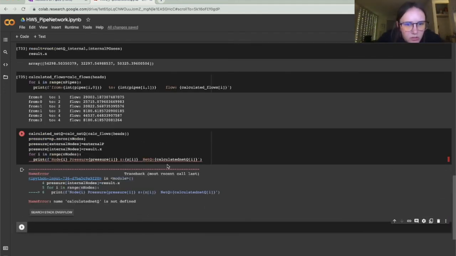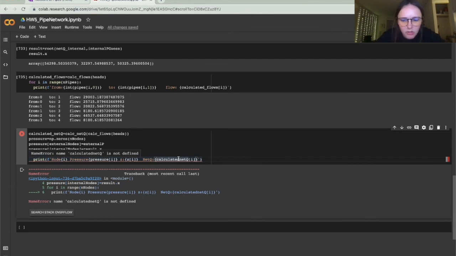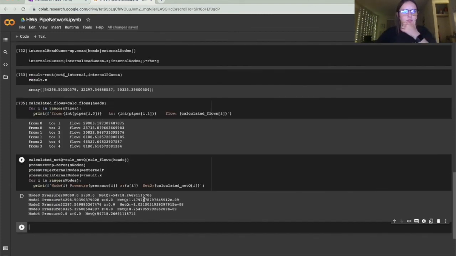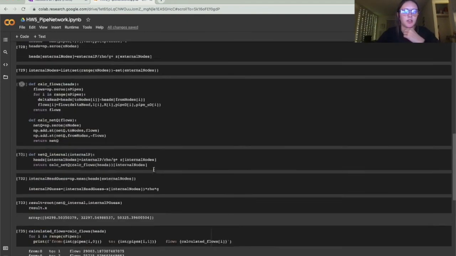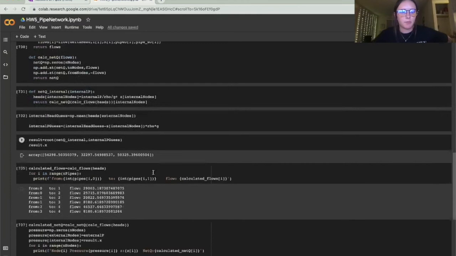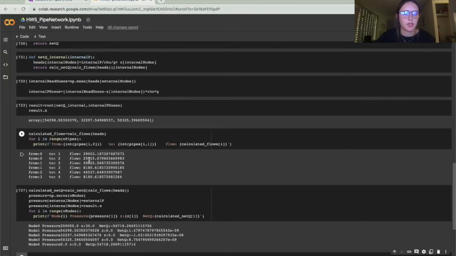Let's see. Oh, I see. I need an underscore there. And those are our values. So we use this code and we ended up finding the flow through each pipe and the pressure, height, and net flow in all of the nodes.